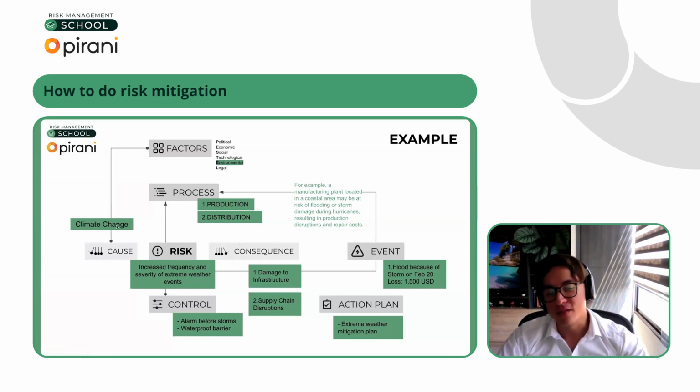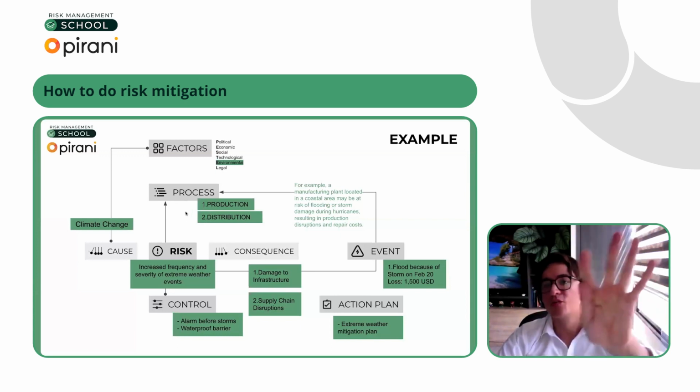It's not just climate change, but this will definitely affect the processes of the company, in the context of operational risk management. So maybe the first consequence will impact the production process, and the second consequence maybe impacts the distribution process.